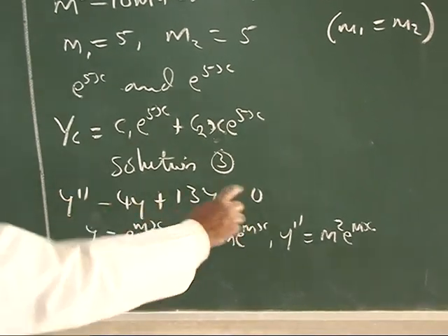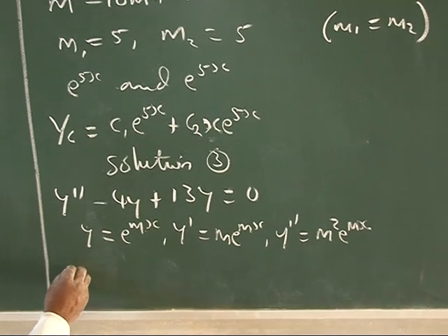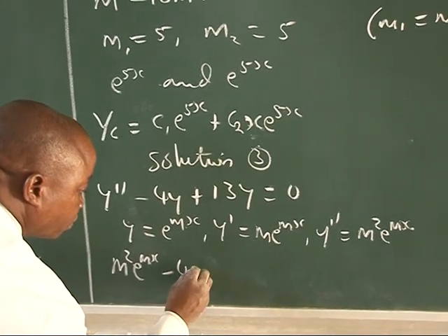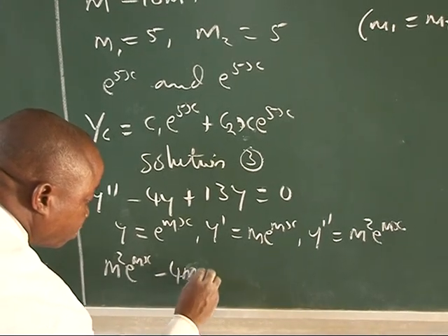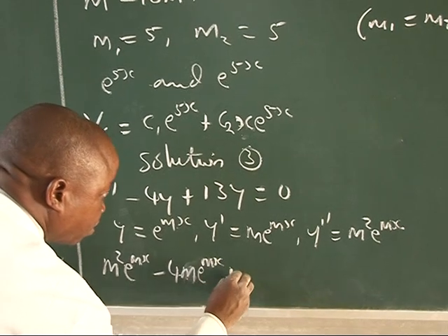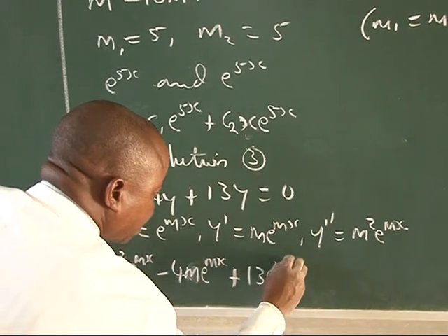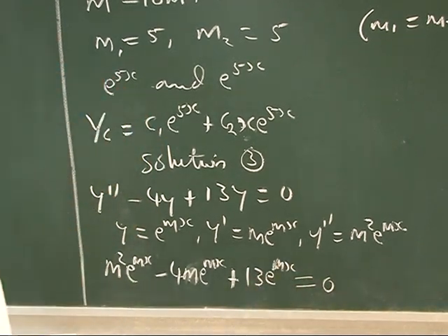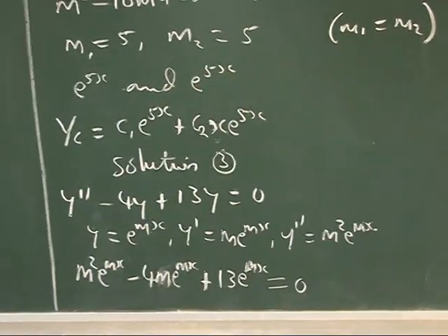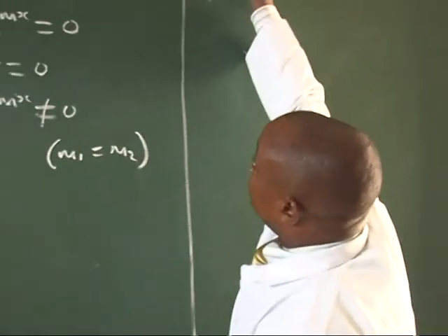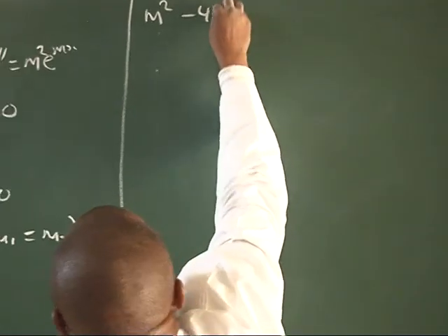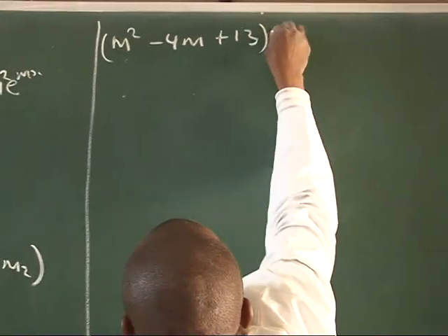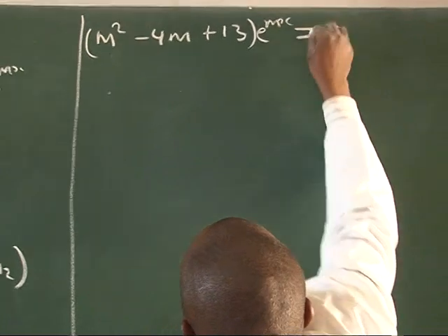So if we substitute this in the equation, we will have m squared exponential mx minus 4m exponential mx plus 13 exponential mx is equal to 0. Okay. So we also have that m squared minus 4m plus 13 times exponential mx equals 0.